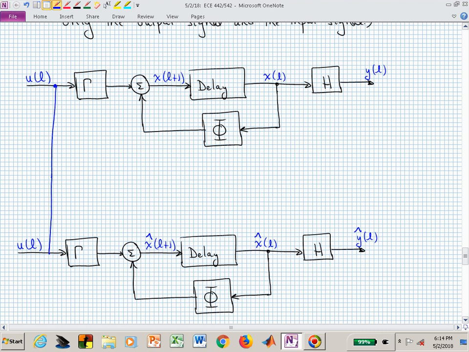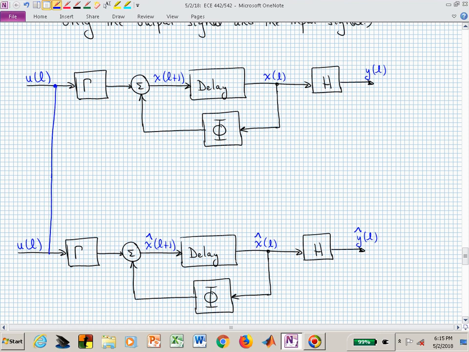Now what? How do I get rid of that difference? If all of my initial states x are maybe different than all of my x hats, how can I compare these two behaviors if I'm injecting the same signal u?